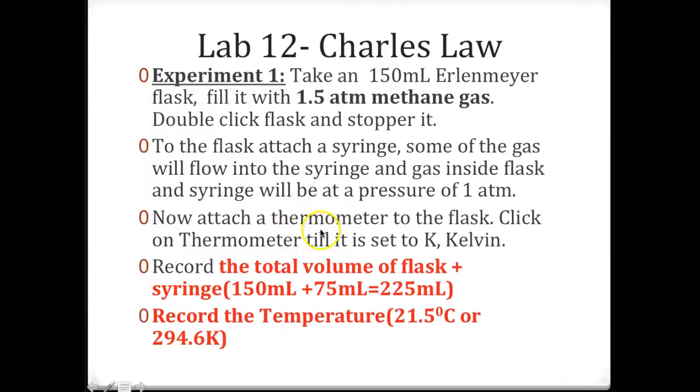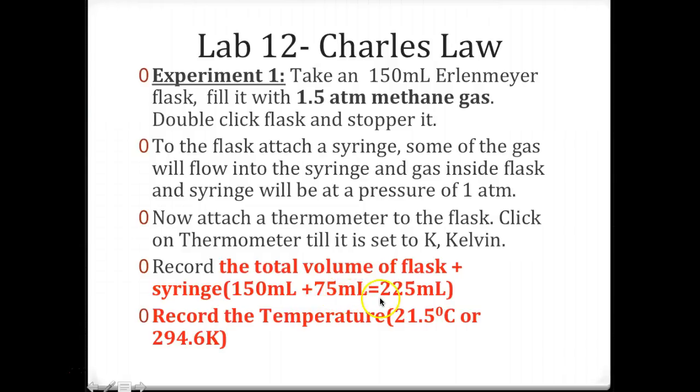Now you're going to attach a thermometer to this flask. Click on the setting of the thermometer until it turns to K, which is Kelvin. The total volume of the gas is the 150 ml of the flask plus the 75 ml from the syringe, because gas spreads, and so the volume of the gas is the total volume of the containers in which the gas is present.